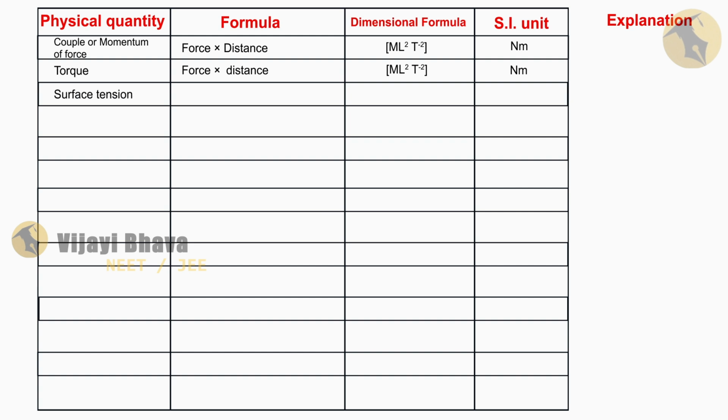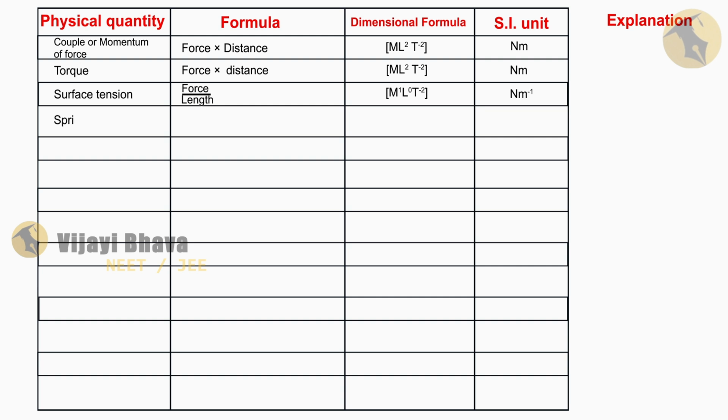Surface tension has a formula force by length. Force has a dimensional formula M1 L1 T minus 2 by length L1. So L1 and L1 get cancelled. So the dimensional formula of surface tension becomes M1 L0 T minus 2.